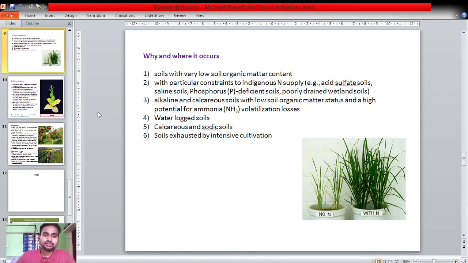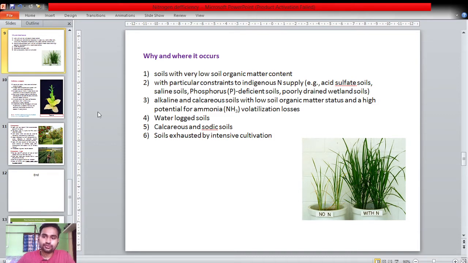So having lower organic matter is one of the major reasons for nitrogen deficiency, with particular constraints to indigenous nitrogen supply. Sometimes the soil has acidic condition, or acidic sulfate condition, or the soil is saline, or phosphorus deficient, or there is poor drainage.